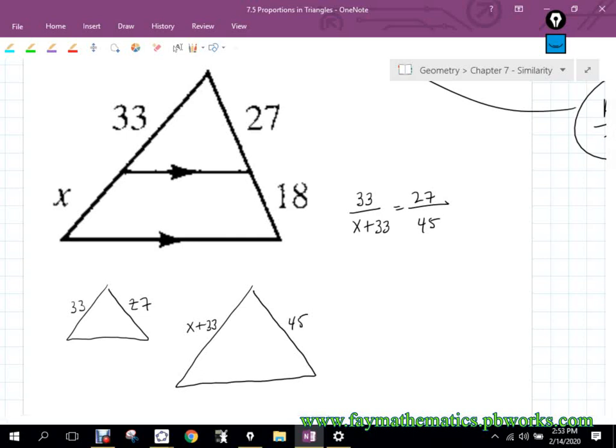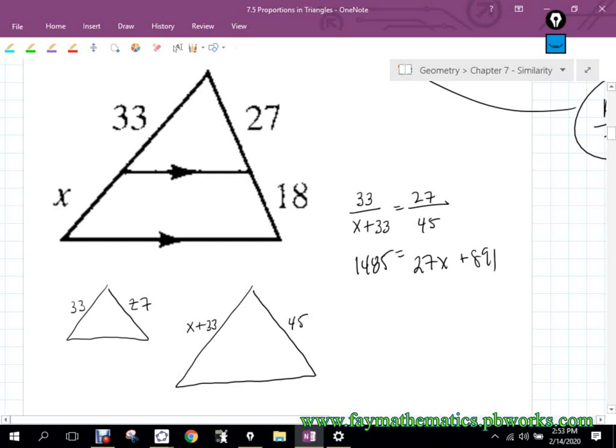And just to save you, I'll do that multiplication real quick for us. So 33 times 45 is 1485. I'll have 27x, and then 27 times 33 is 891.